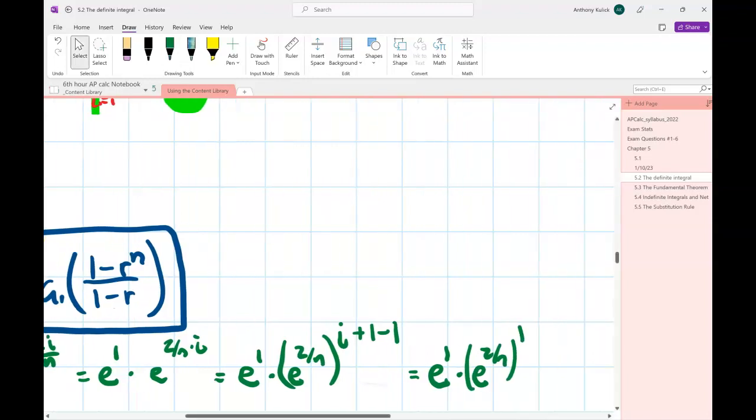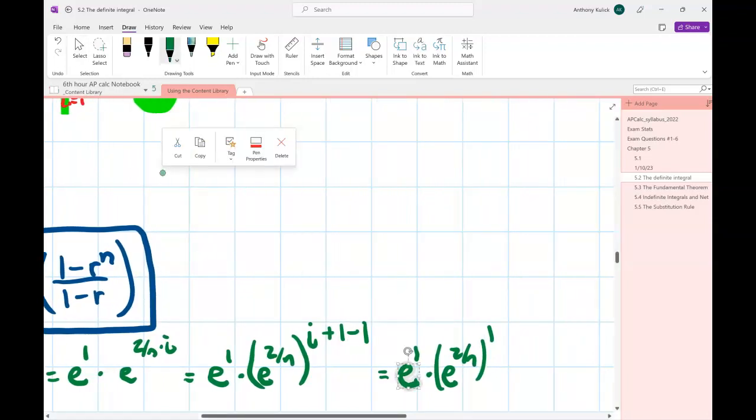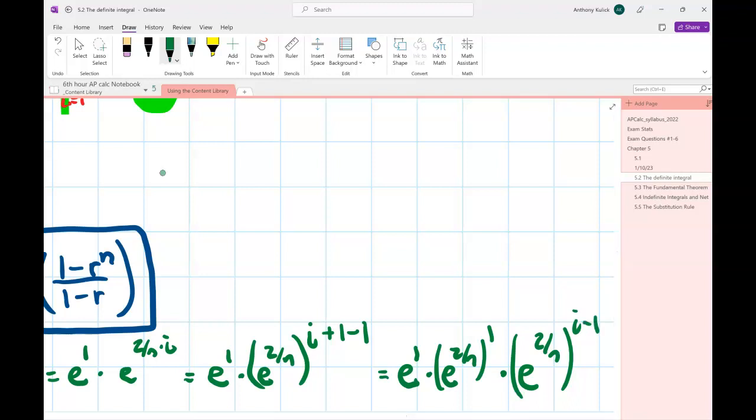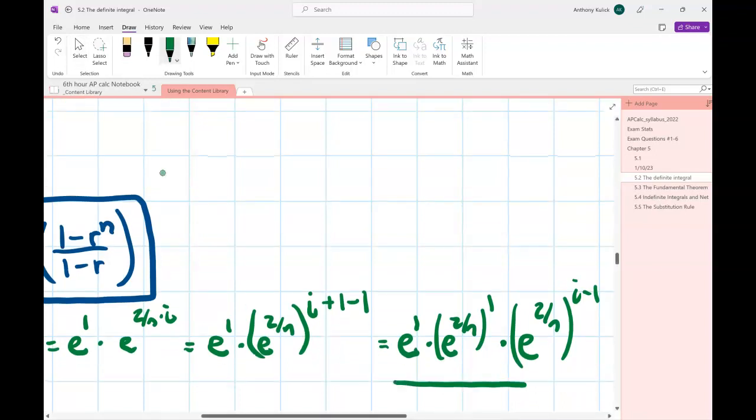So I can take an e to the 2 over n to the first. And this is now going to be what I want.